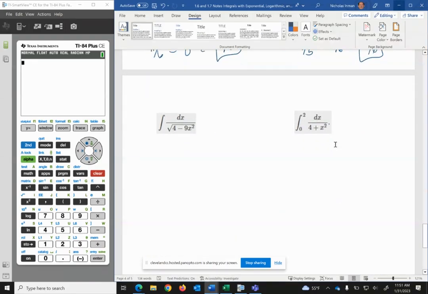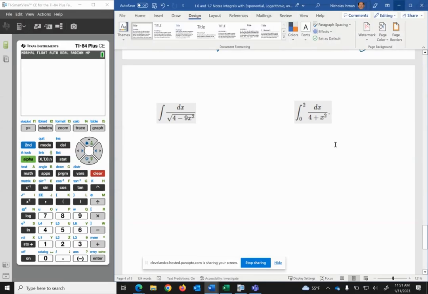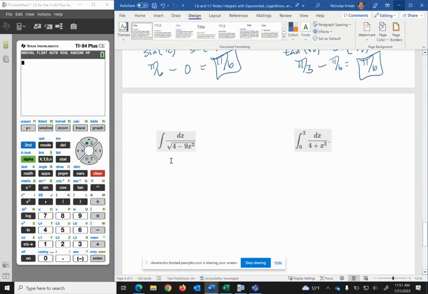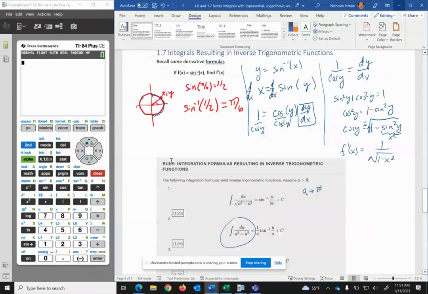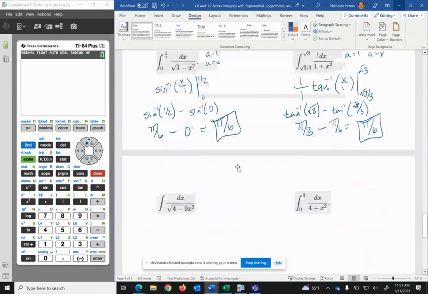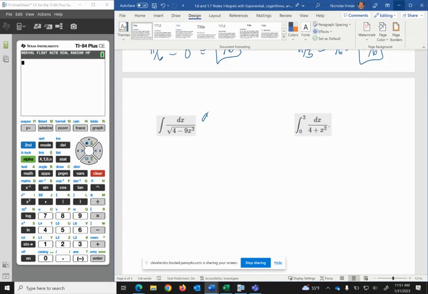There are 2 more problems. Oh, yep, we should probably do them. All right, looking at this problem, not a definite. Just need to find this antiderivative. It looks like this formula here. So we're trying to put this, our a, what squared is 4, and our u, what squared is 9x squared.